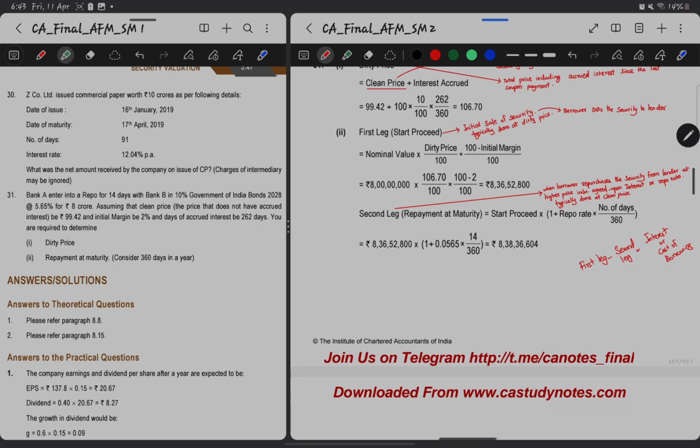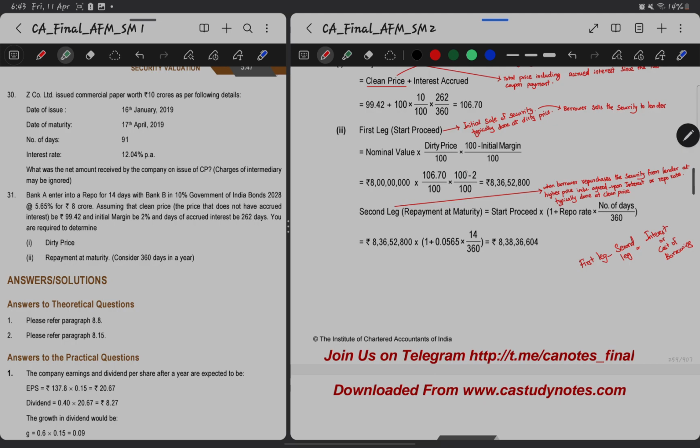Then the second leg, which is the repayment at maturity: the start proceeds, which is the first leg, 8 crore 36 lakh 52,800, plus the repo rate for 14 days, as Bank A enters into repo for 14 days with Bank B in 10% GOI bonds.